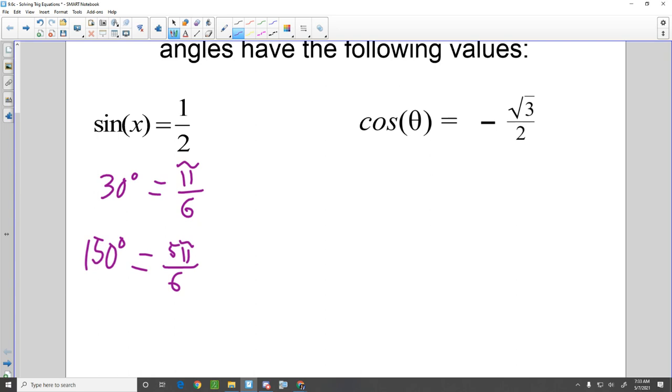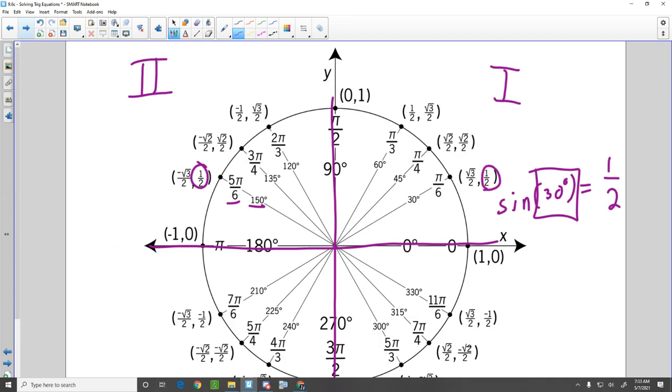Are those the only angles with a sine equal to 1/2, do you think? 30 and 150? Are there any others on this circle that we can use? What about any angles that aren't on this unit circle that we could use? Ooh.